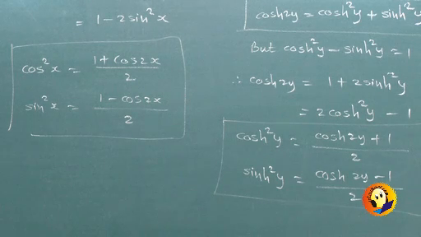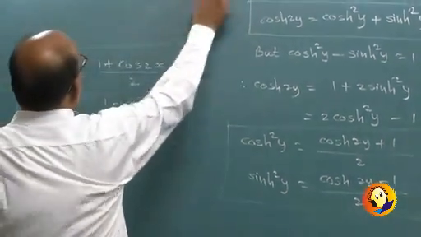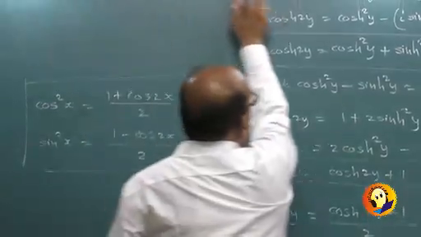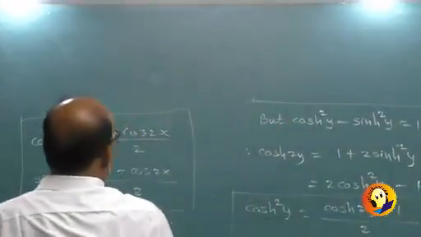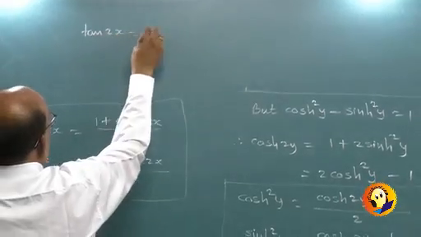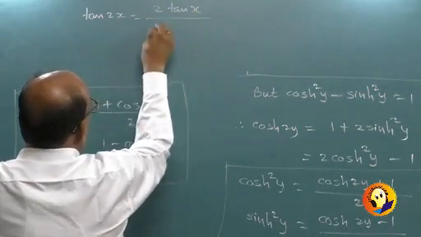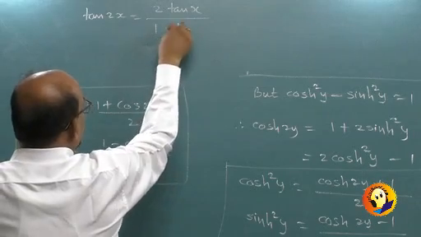What was the next formula that we had in trigonometry? Tan 2x. So tan 2x is 2 tan x upon 1 minus tan square x.